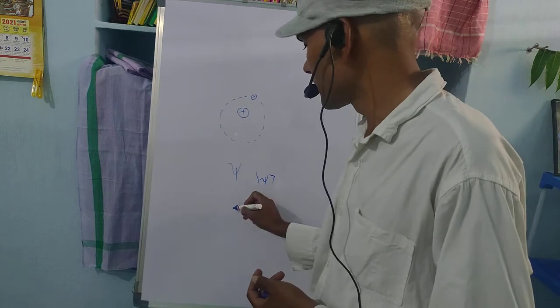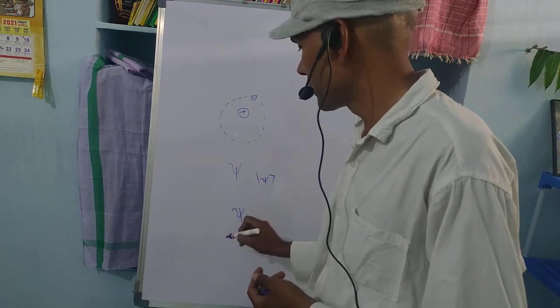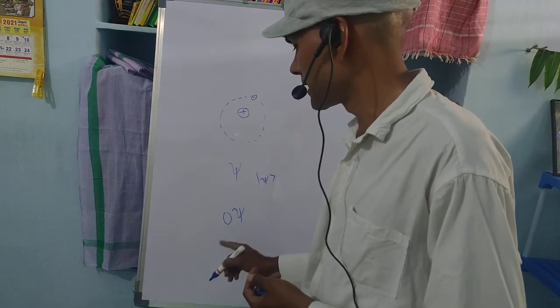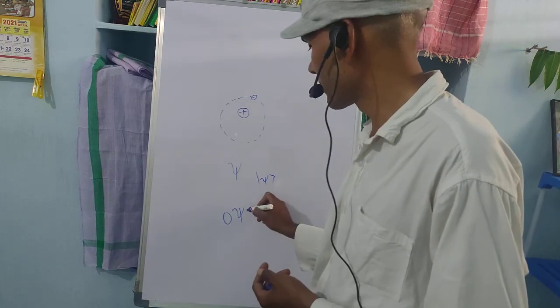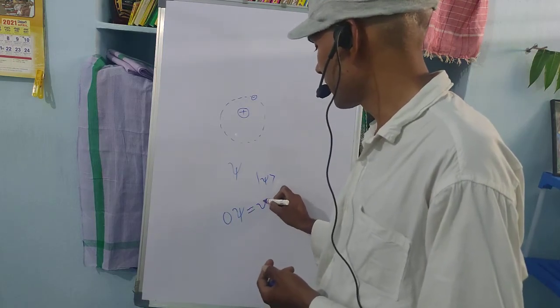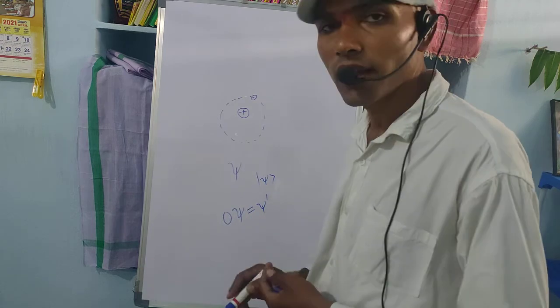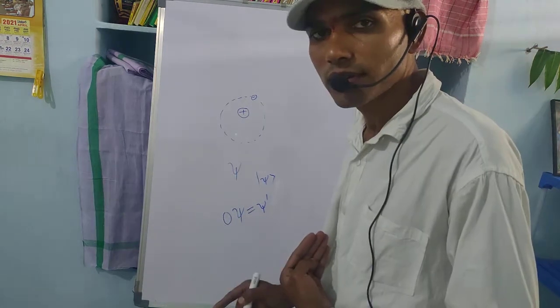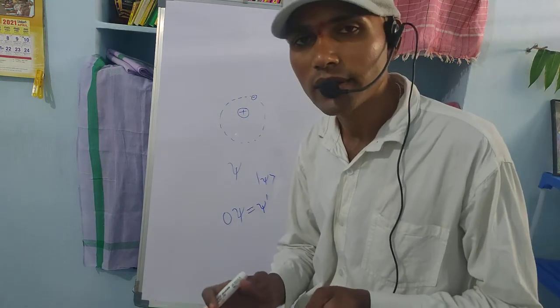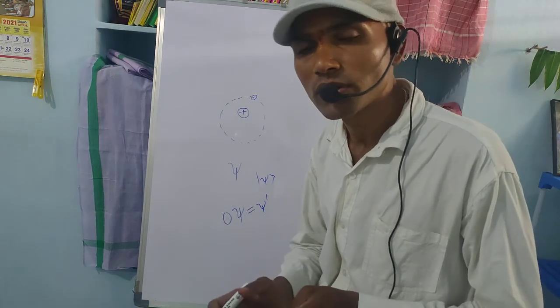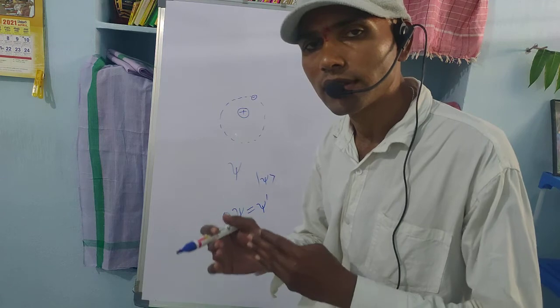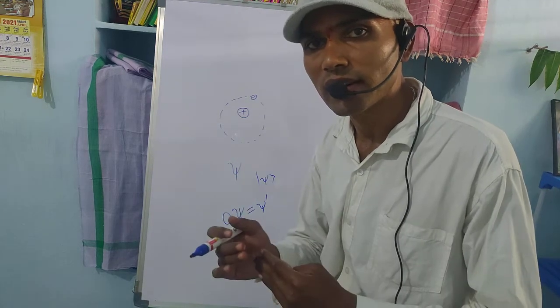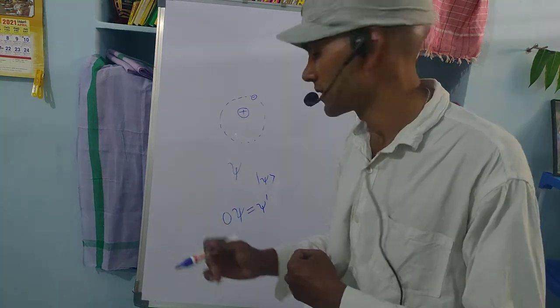So this psi, when we operate on it by something called O, can be taken to a different psi, which I can write as psi prime. And that something which altered the state is called an operator. So operators are mathematical rules which change the quantum mechanical state to a different state.